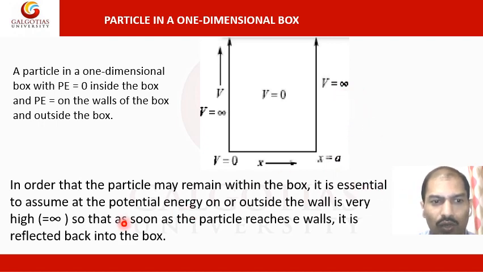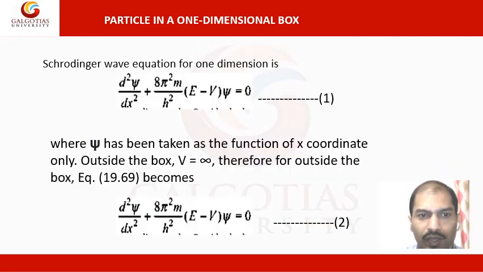So here, in order for the particle to remain within the box, it is essential to assume that the potential energy inside the box is 0 and outside the box is infinite.